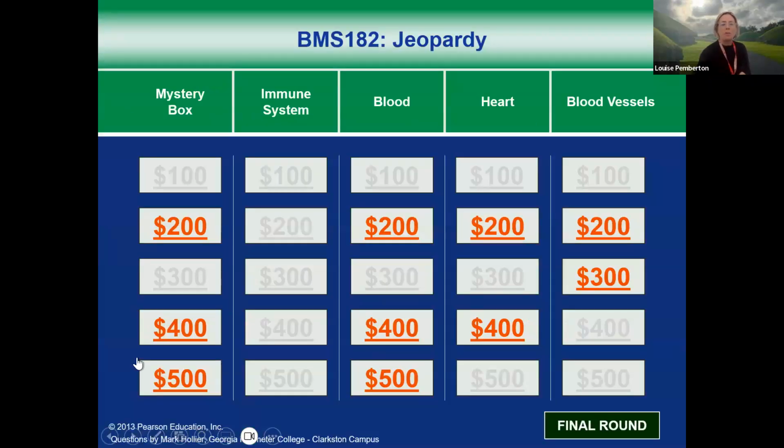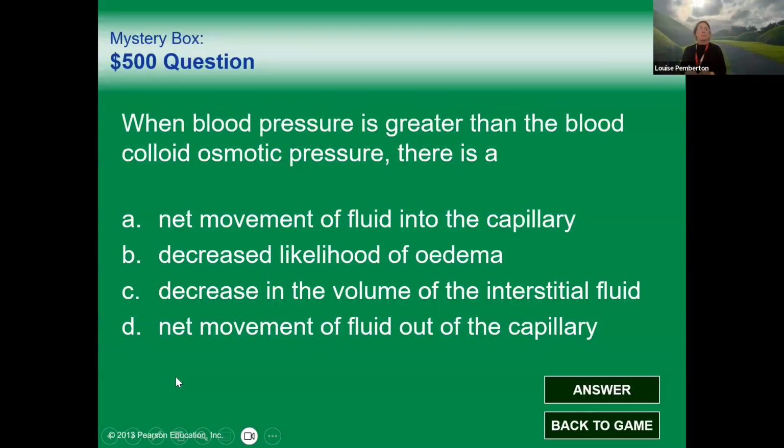Okay, I'm going to give you mystery box 500. When blood pressure is greater than the blood colloid osmotic pressure, there is a what? So the colloid osmotic pressure is probably going to be generated by something like albumin, right?